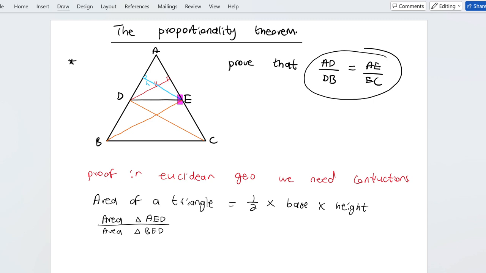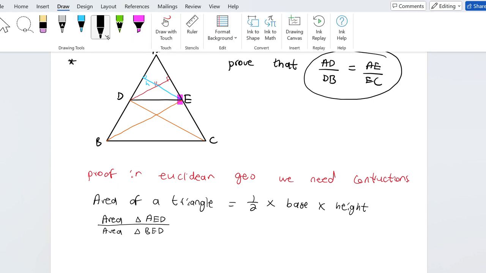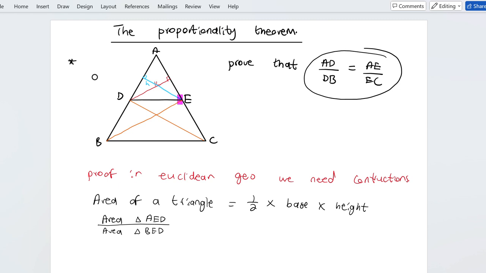So here we can say that the area of triangle AED is equal to half multiplied by the base. The base of that triangle is AD times its height, which is H, divided by the area of triangle BED.